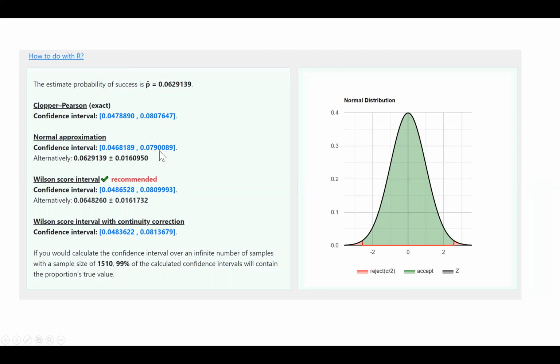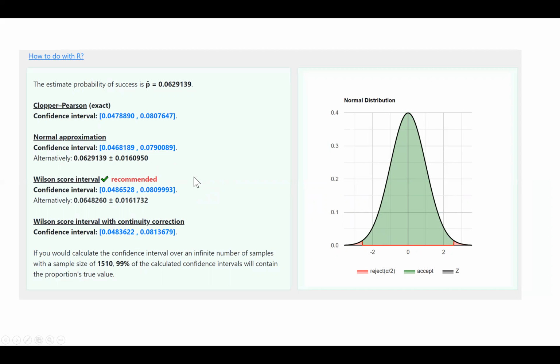And on the back end, these ones are hardly ever going to break. So it's these numbers right here. Round to 4 decimal place accuracy. So 1, 2, 3, 4. So 0.0468, 0.0790.